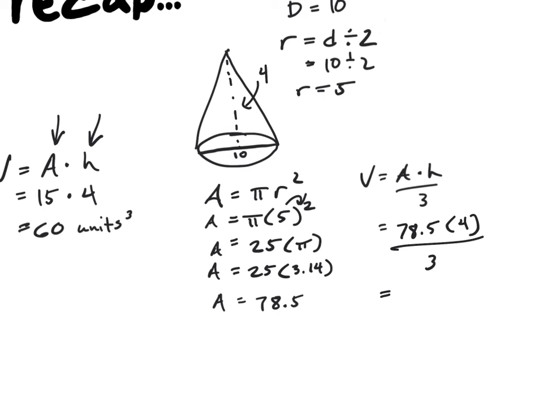In this example in particular will be around 104.7 units cubed. And that's how we find volume of a right circular cone.